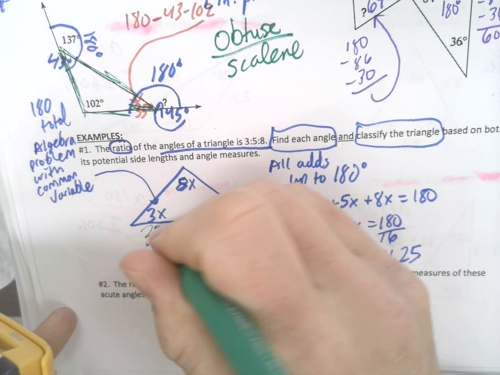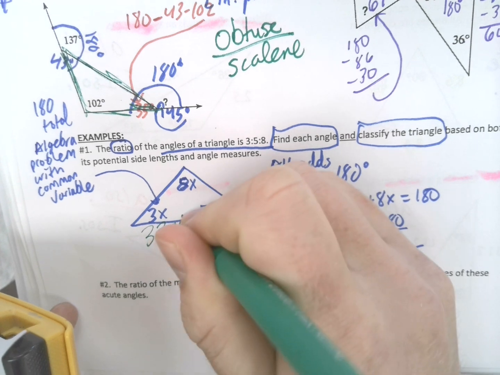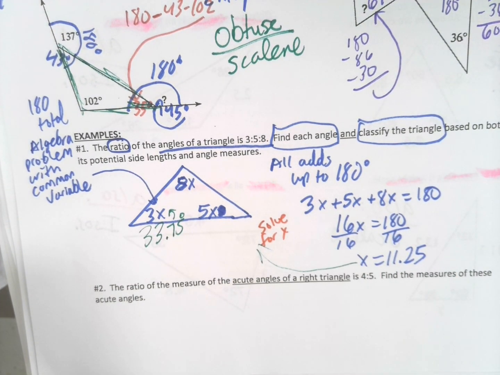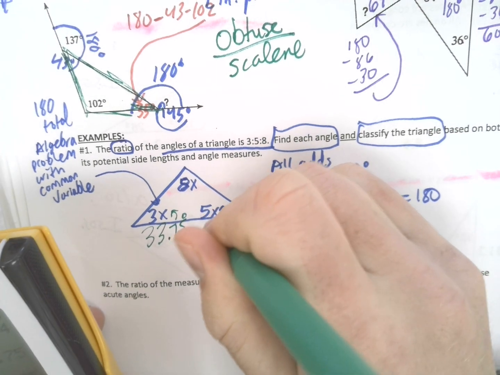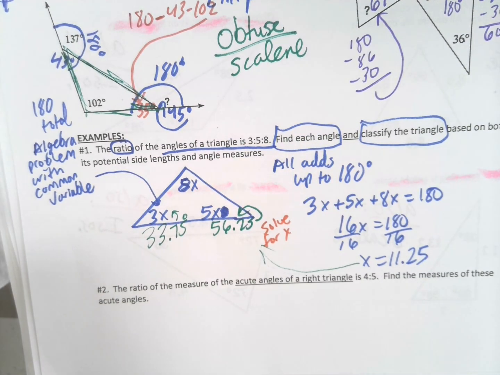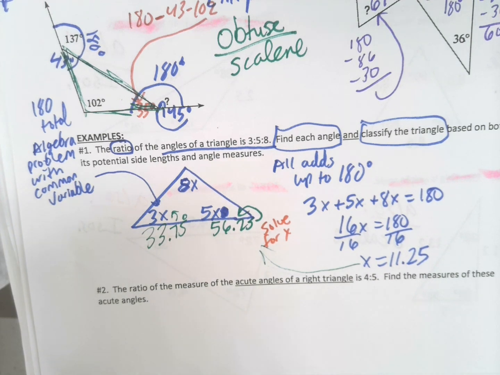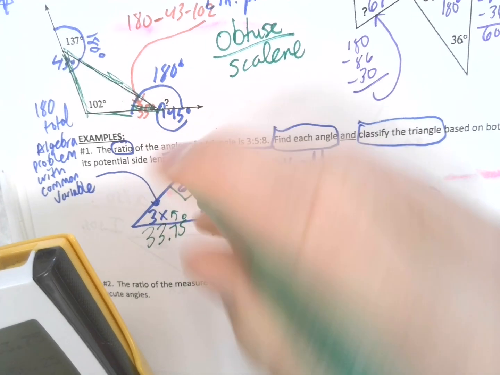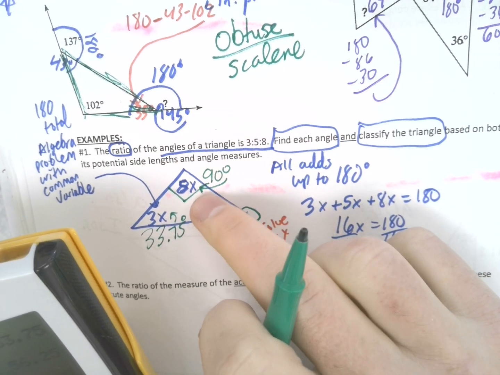We know this is going to be 33.75 degrees right there. 5 times 11.25 gives us 56.25 degrees there. And then 8 times 11.25, hey, we get a 90-degree angle right here. Turns out this is a right angle.